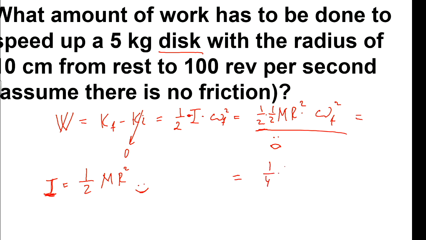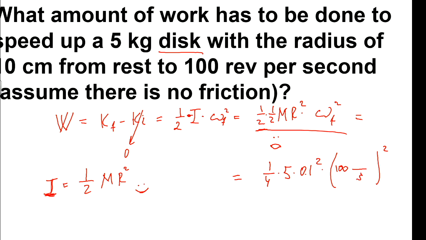Kilograms, correct unit. Centimeters, keep or convert? Convert. 0.1 of a meter squared. Revolutions per second, keep or convert? Convert into what? Radians per second. So it has to be squared. 100 revolutions per second.